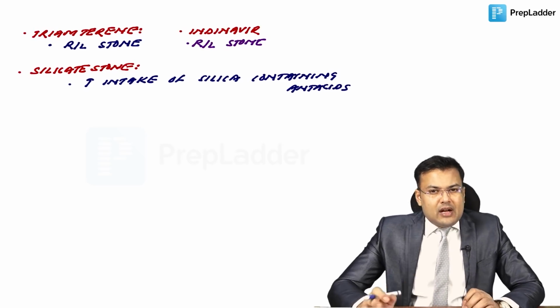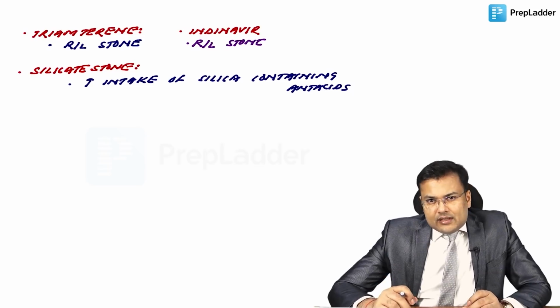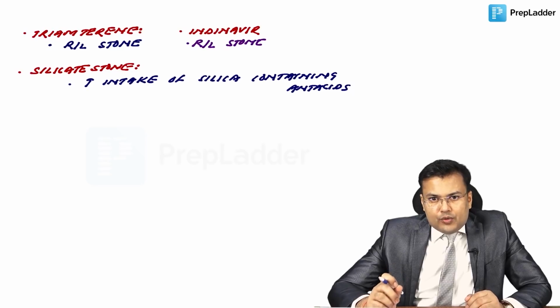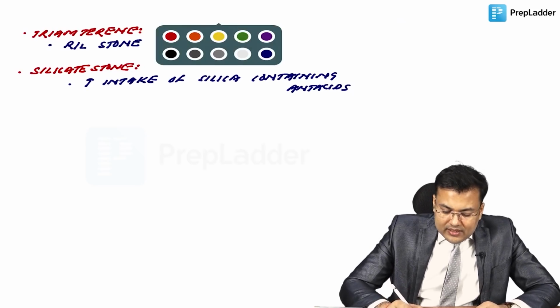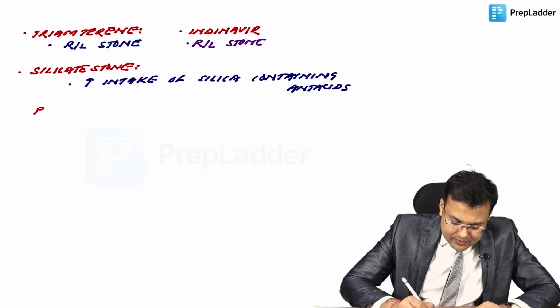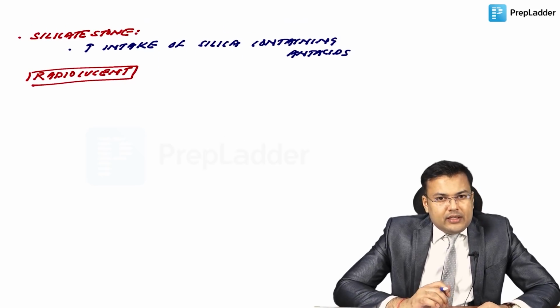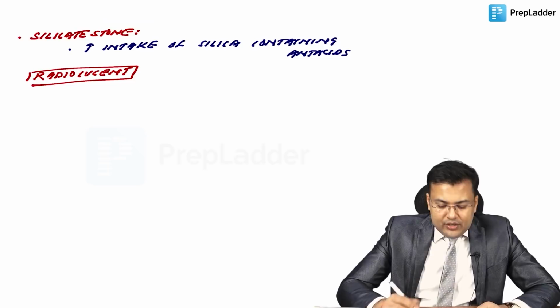Simple. After that, indirect questions are asked, that out of these stones, how many are radiolucent, which ones are radio-opaque? So what are the radiolucent renal stones? There is a mnemonic to remember, and the mnemonic is TICSU. TICSU is radiolucent.